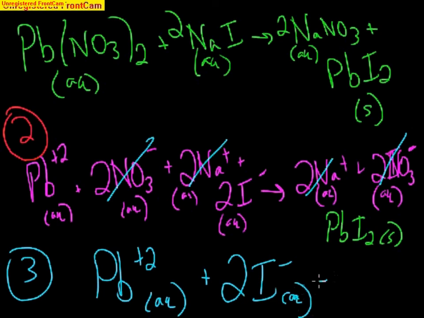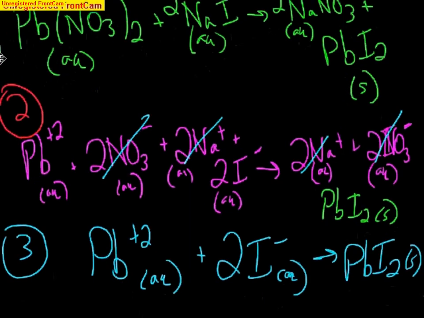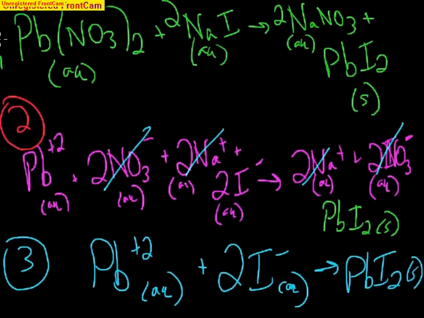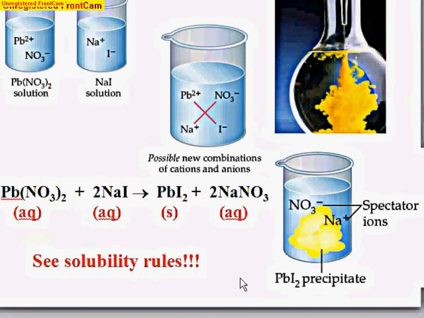And that gives us our PbI2 solid form. So, net ionic equations are 3 simple steps. Step 1, our balanced equation. Step 2, then our ions in the ion form canceling our spectators, and then step 3, the actual finished product, showing the 2 ions that were responsible for that bright yellow substance, that bright yellow precipitate reaction.